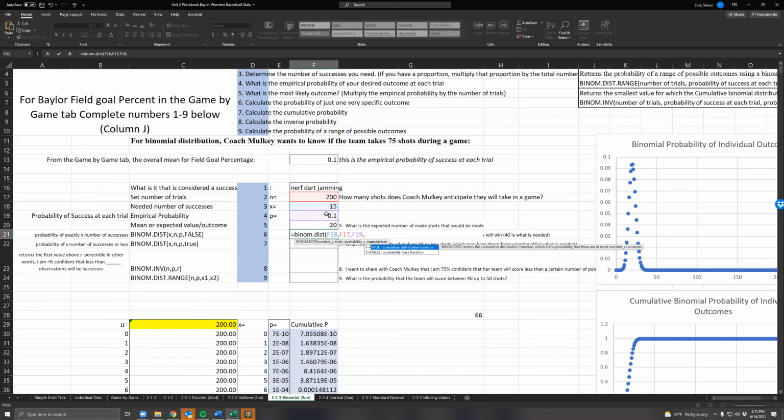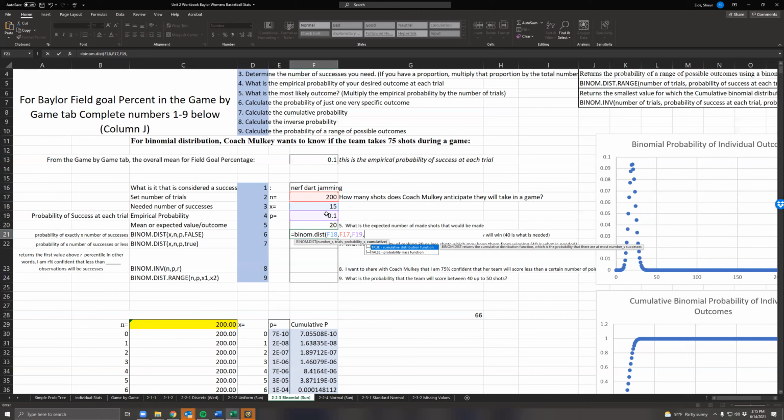So if we want 15 or less, do we want false or true? I think on this one you want true, right? Right. So if we want 15 or less, we say true. I want cumulative. Cumulative means I want everything up to that.